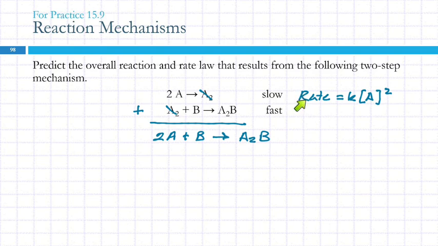It doesn't. A is one of the reactants. Now you could ask, well, why isn't B in there? Well, apparently B is zero order. It doesn't affect the rate. When the first step is slow, everything is nice and simple. The rate law comes from the first step.